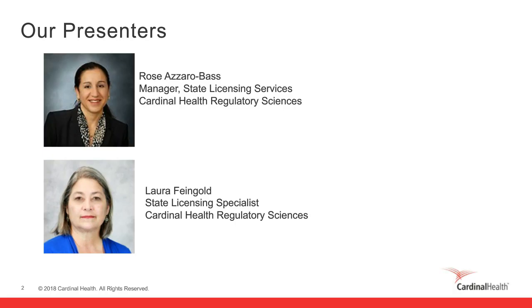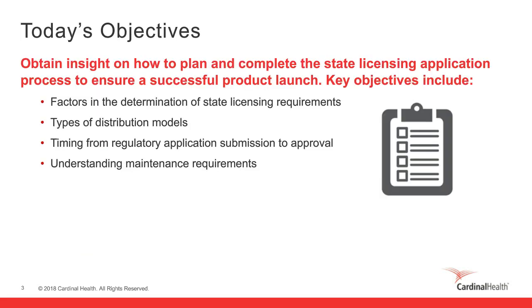Here is a brief overview of our presentation for today. First, we'll discuss some various key factors in determining your company's state licensing requirements. Second, we'll provide an overview of 3 typical distribution models.